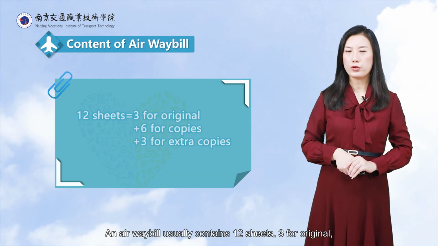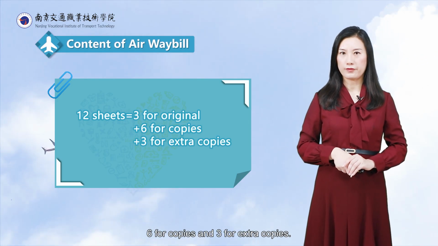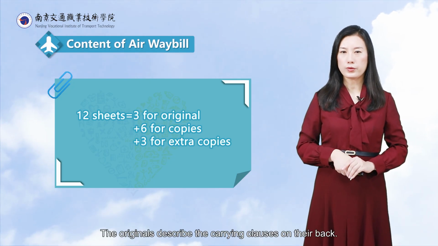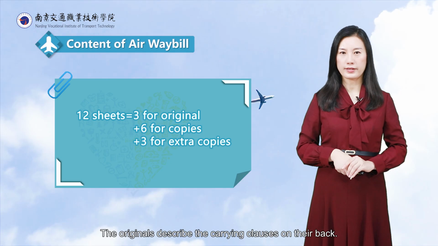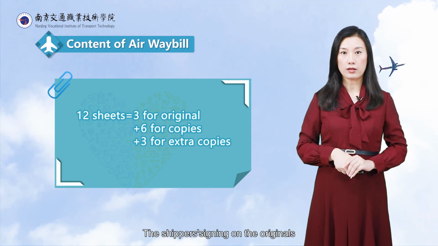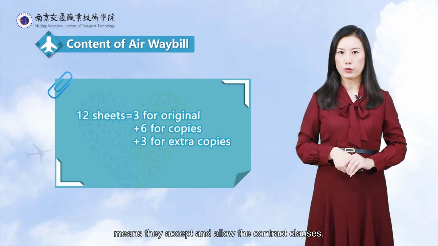An airway bill usually contains 12 sheets: 3 for original, 6 for copies, and 3 for extra copies. The originals describe the carrying clauses on their back. The shipper's signing on the originals means they accept and allow the contract clauses.